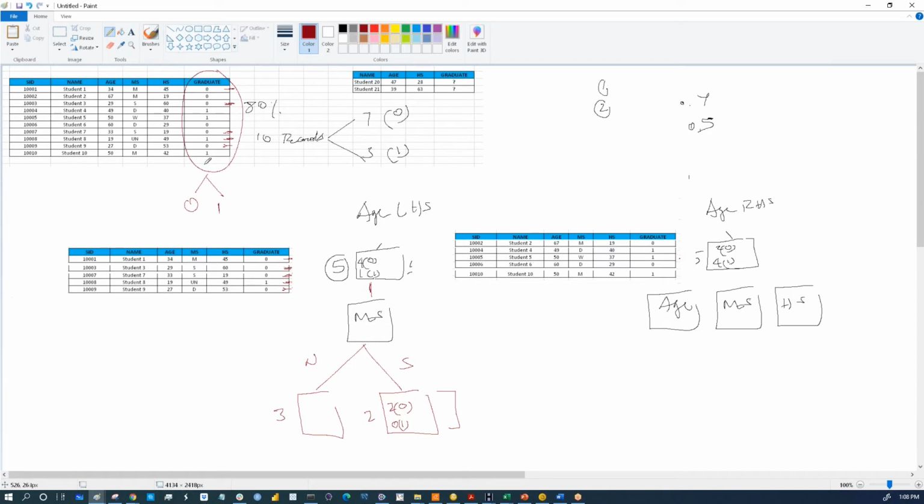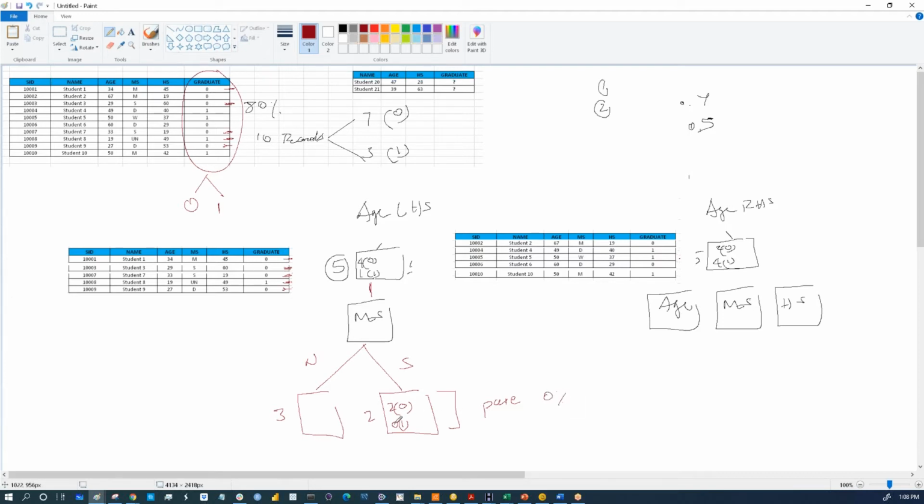Pure means 1 class. So the entropy here is higher than 0 because you cannot tell if it's 1 or 0. But for this one, how many classes do we have? 1. So it's pure, class of 0. And the entropy is going to be what? 0%.